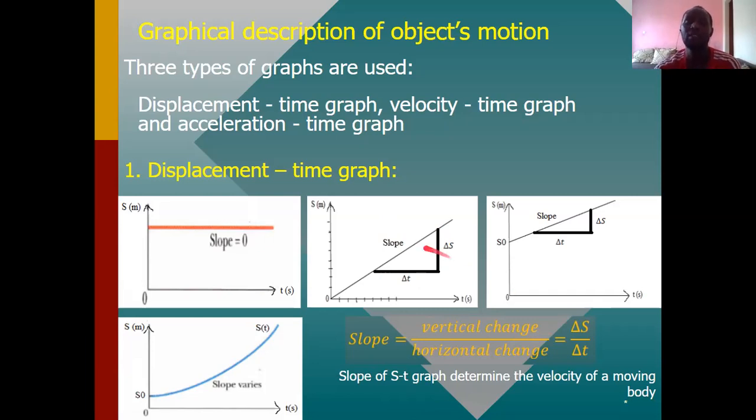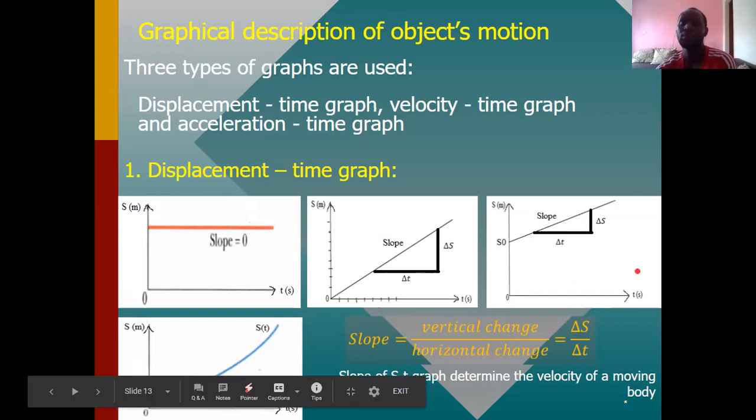For the first case, the velocity is 0 because there is no slope. For the second case and the third case, the velocity is constant. And for the last case, the velocity is not constant.